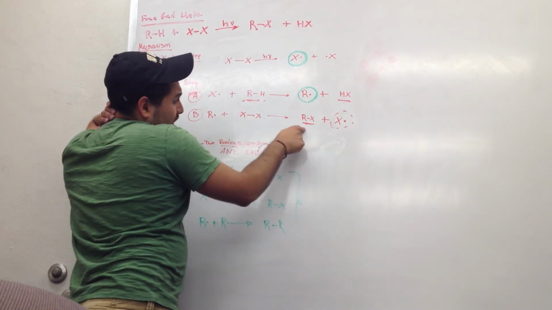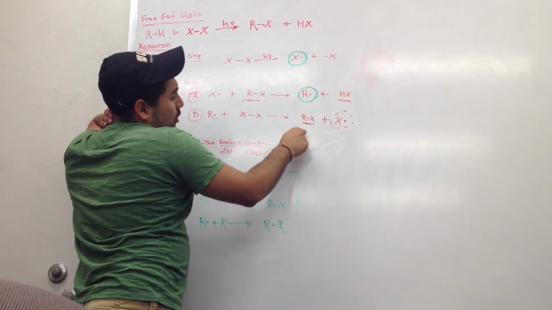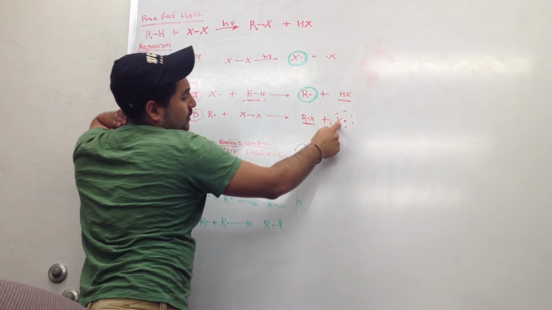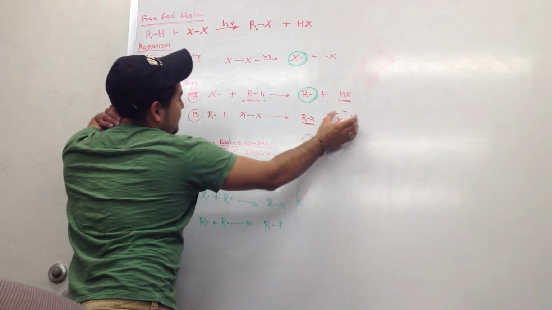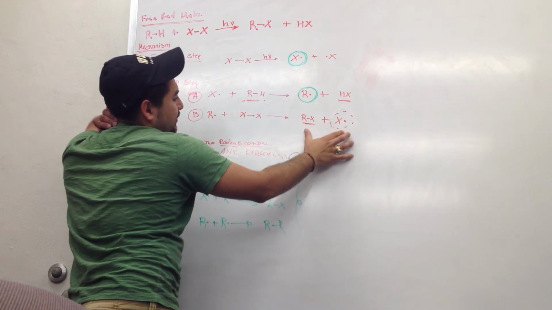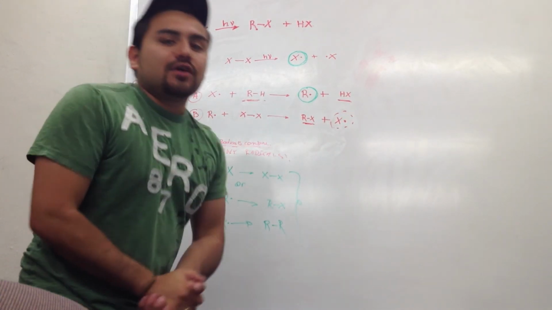Then this reaction forms an alkyl halide and another halogen radical, just like we did in the first step. So now this can go back here and do exactly the same thing, and it can do it over and over again until all the reactants are consumed.